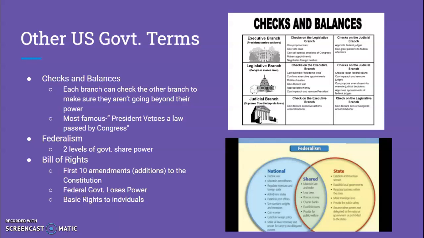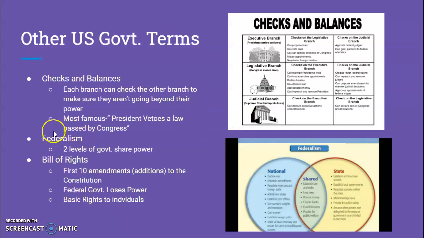And again, that's happened twice in President Trump's administration, possibly a 3rd time. Another example of checks and balances is where the judicial branch can declare actions by Congress or by the president unconstitutional, meaning laws. They can't pass laws against the Constitution.